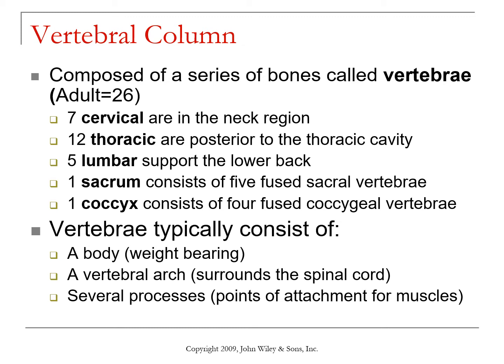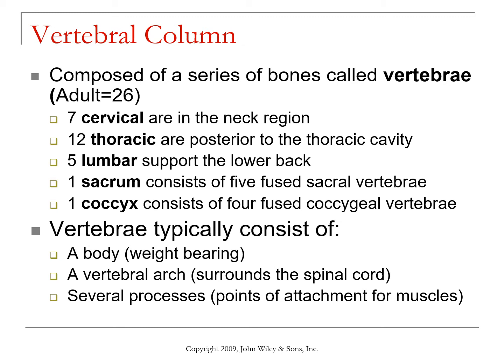Each vertebra usually has these parts. The body, which is the more circular part of the vertebra, and these are the parts that stack on top of each other and form the weight-bearing parts of the vertebrae.